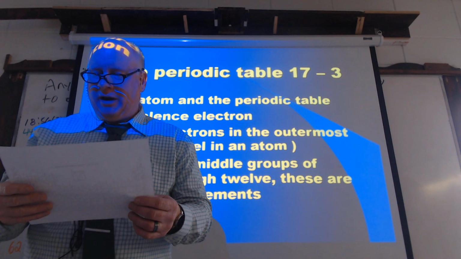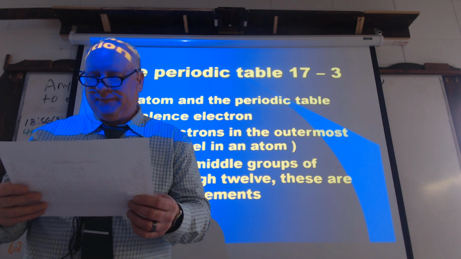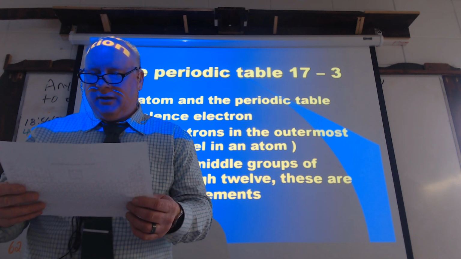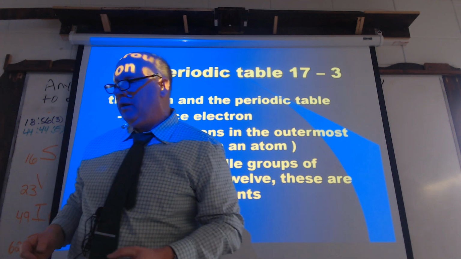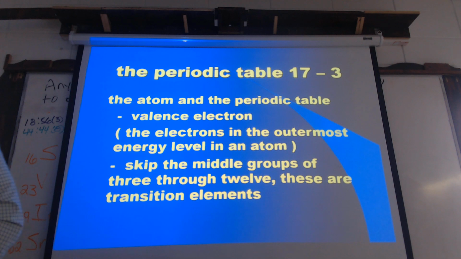So what we mean by that is, let's say, for instance, aluminum, okay? This will be the last example that we go through before we get to your activity. Okay, any questions about what a group is and why that is so important?